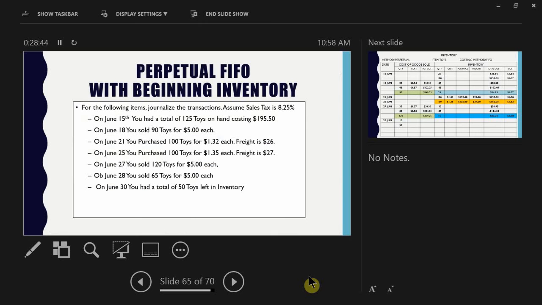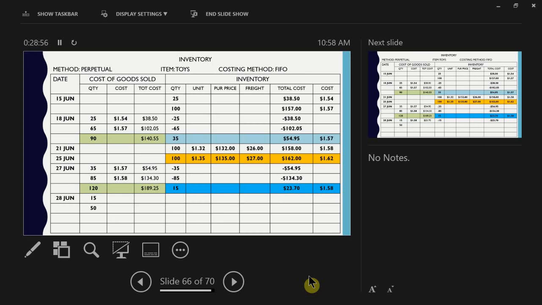The last scenario here is we sold 65 more toys, bringing our ending balance as of June 30th to a total of 50 toys. So once again, we sold 65. We're going to take from our blue batch because that came before the orange batch. Blue batch of 15, right?